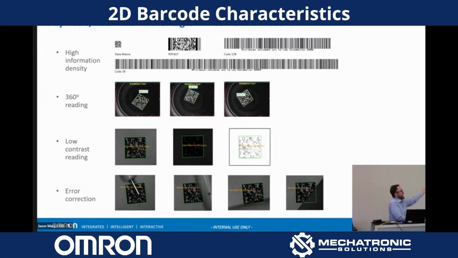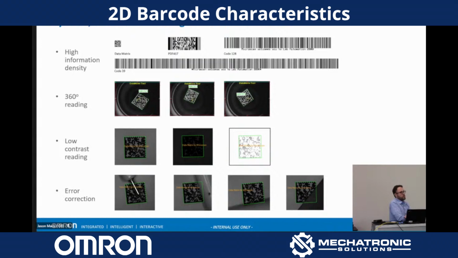And the things you start getting when you go to that 2D type matrix is 360-degree reading, all in the same area. You're not trying to read it with a laser and have to have that position where we have our line going straight across this long section. That's a long way to be perfectly even across the laser. You have low contrast reading, based on how the actual algorithms work, where we're locating and then overlaying a grid as opposed to looking at highs and lows and creating a waveform that way.